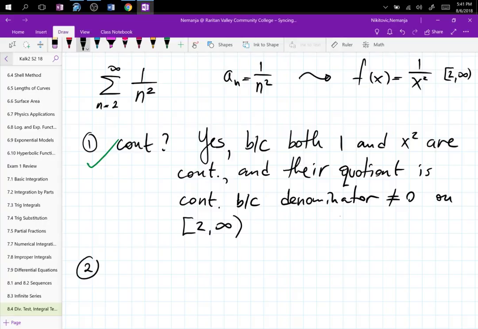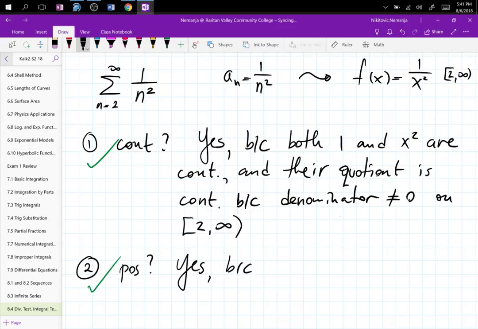Number 2. Guys, I'm pretending that I don't know what the graph looks like. I do know what the graph looks like, but I'm pretending that I don't, so I don't want to cheat off of the graph. I'm just going to use all of the calculations. The next one is positive. Is it positive? Well, yes, it is. Yes.